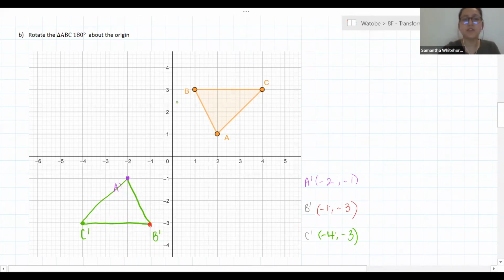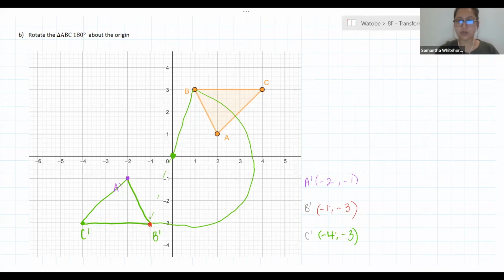Now we can see that if you imagine a pin in the middle here and a piece of string attached to one of the vertices of the triangle, if you now move that 180 degrees, like your protractor measuring the angles, we can see that that rotation has occurred according to the instructions given to us. Okay, so take your screenshots if you need.